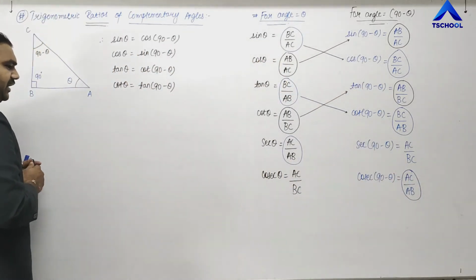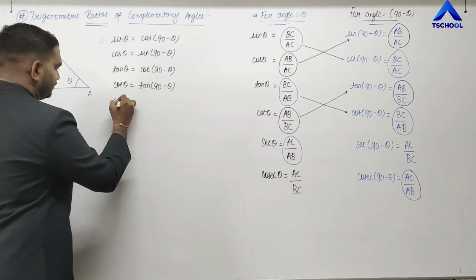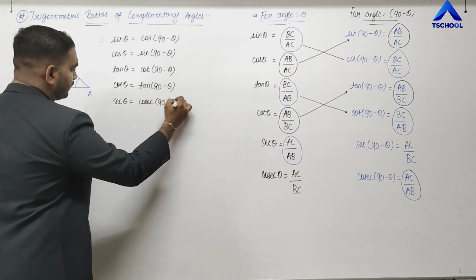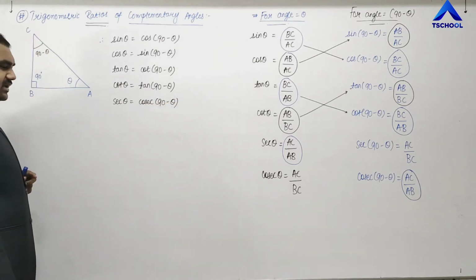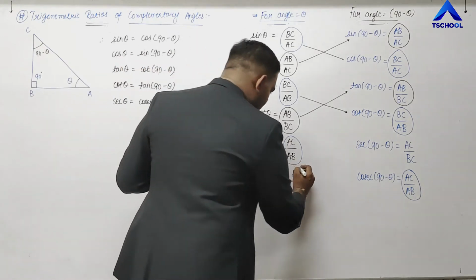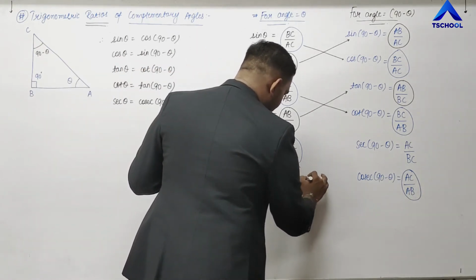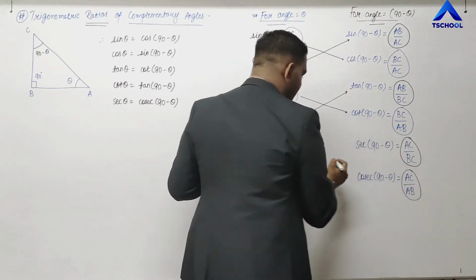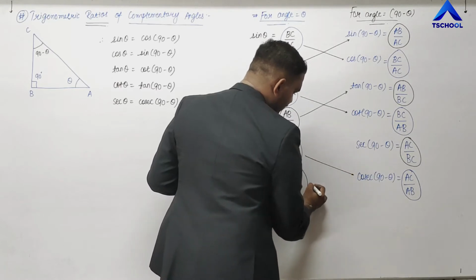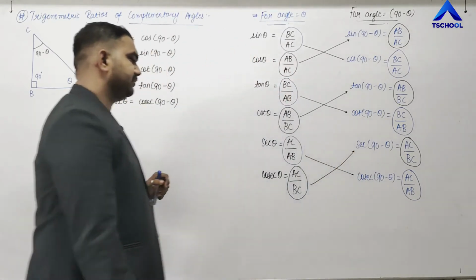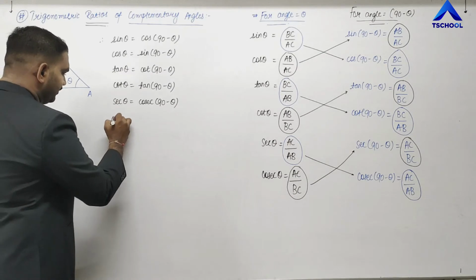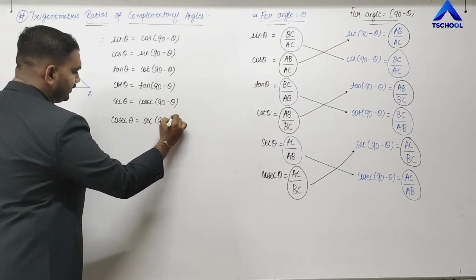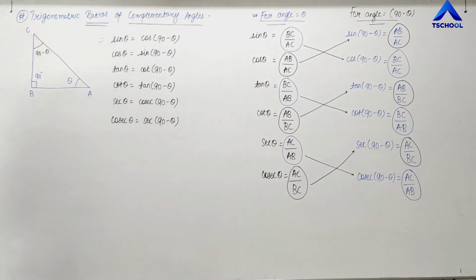So we can write down that sec theta is equals to cosec 90 minus theta. And what is cosec theta here in ratios? AC upon BC. Sec 90 minus theta is also equals to AC upon BC. So you can relate here that cosec theta is equals to sec 90 minus theta.